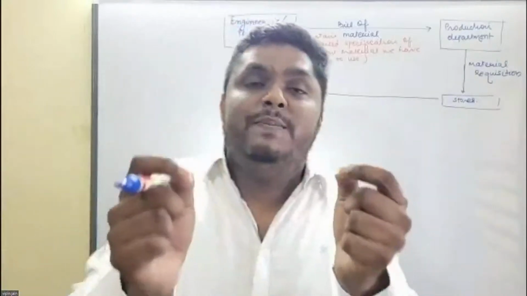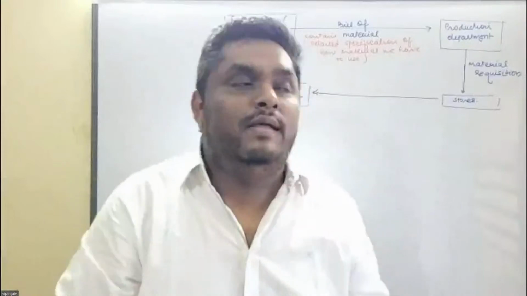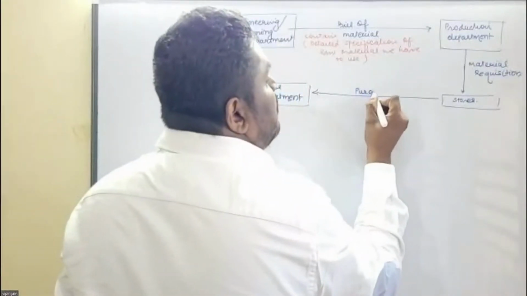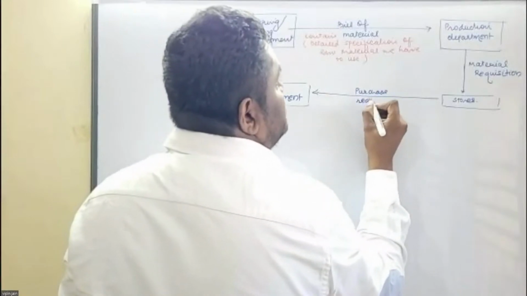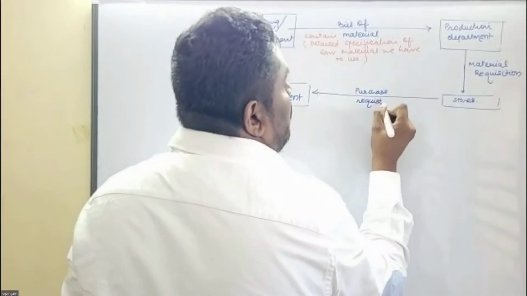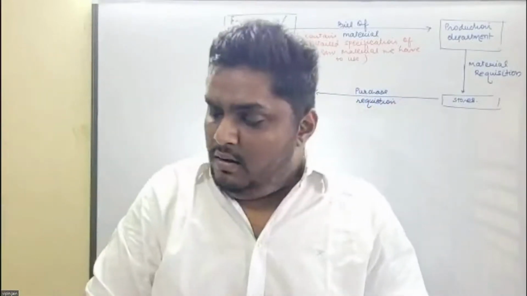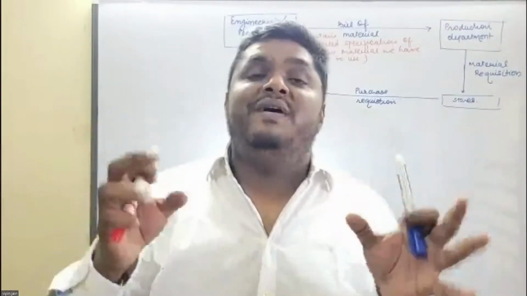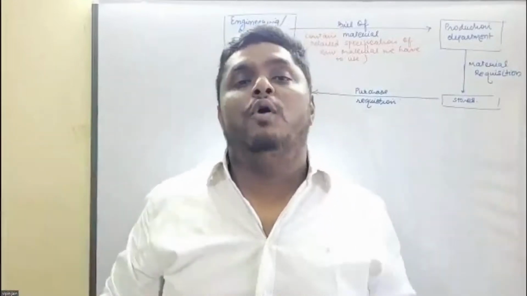So the stores department approaches the purchase department in writing. What do they issue? They issue a purchase requisition, a request for purchase. Now, once they issue it, the purchase department has the authority to procure material from the outside supplier.